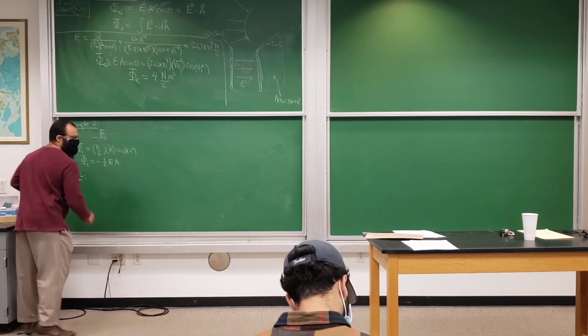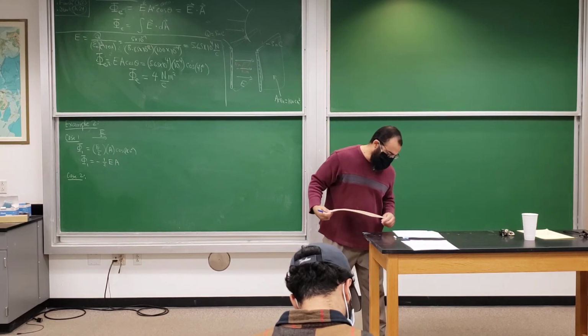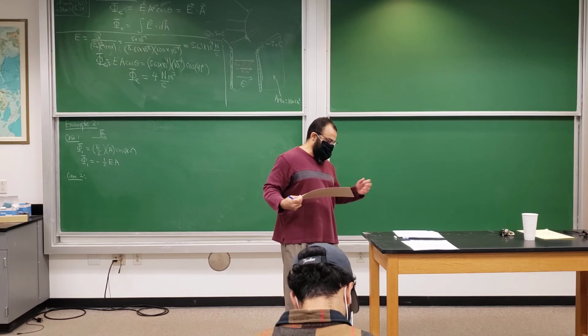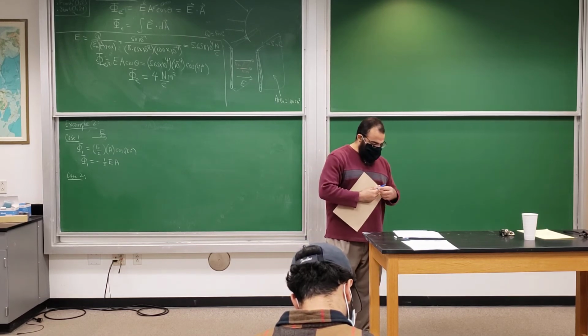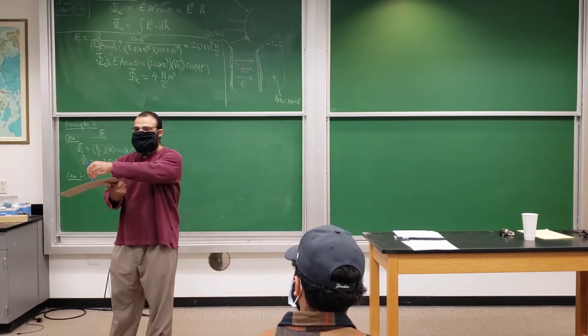Let's think of case 2 now. How does it look? Well, the electric field is still that way, but it has magnitude E. And then my area is pointing kind of... here's my area. How should I orient this thing?